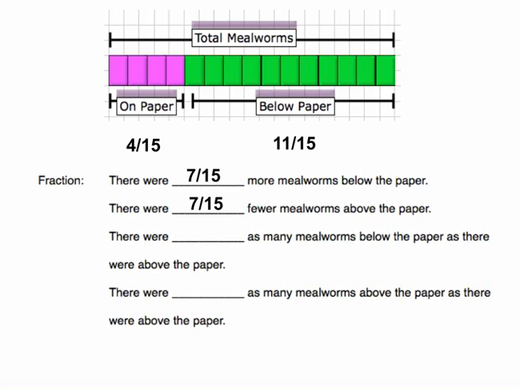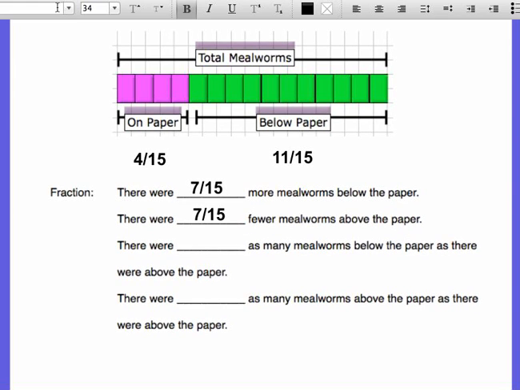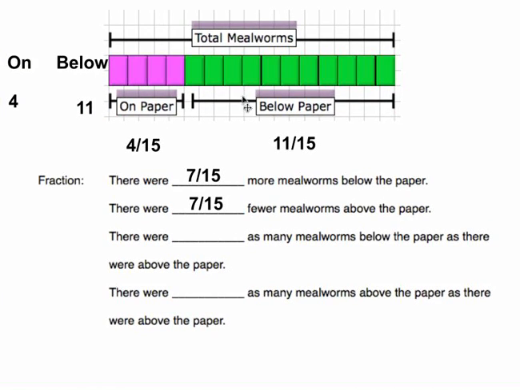So I'm just going to re-represent that information, below, 4, 11. And that information is shown in our tape diagram, but when we're exploring part-to-part relationships, we're going to be representing this comparison as a fraction.